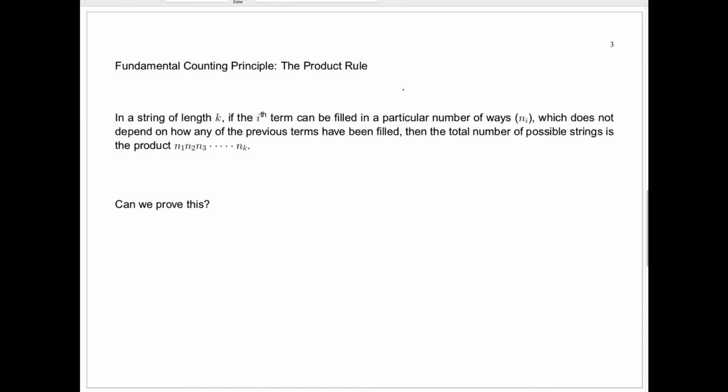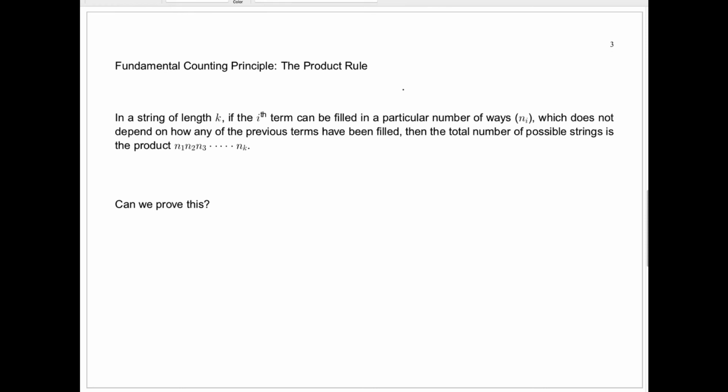Well, again, let me remind you, as I talked about in the previous video lecture, you won't be required to write down any formal proofs, but the proof of this product rule is really not very different from the proof of the result in standard problem number 1. It can just be done by induction. Assume that for each position i equals 1, 2, 3, etc., for every value of i, the number of ways of filling that ith position is precisely n sub i.